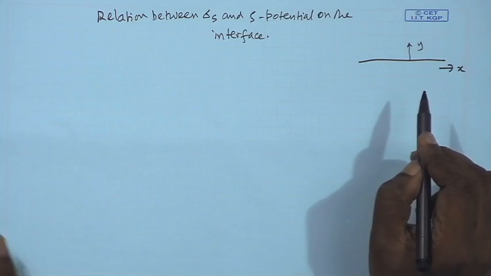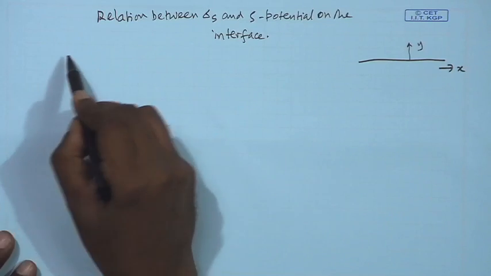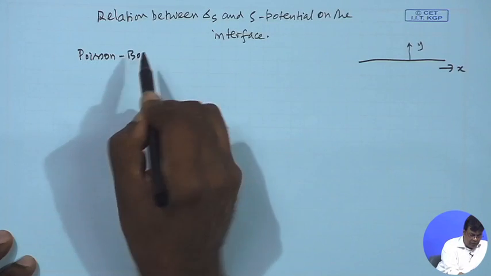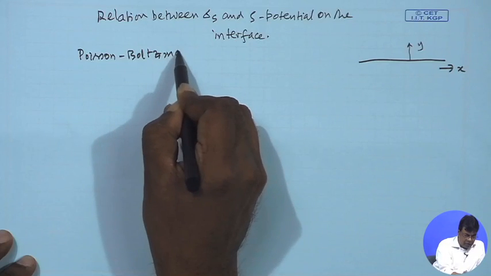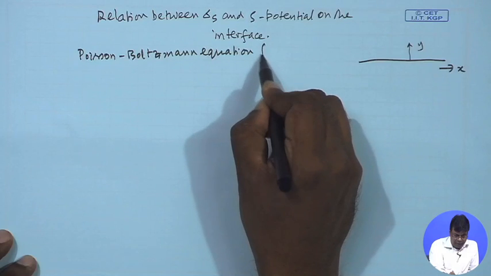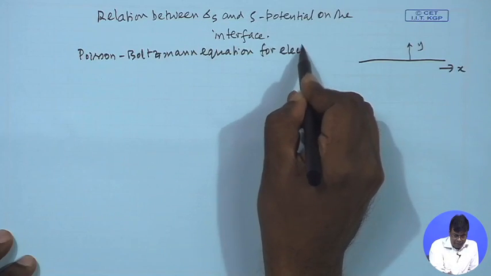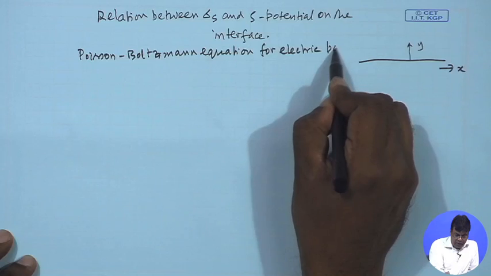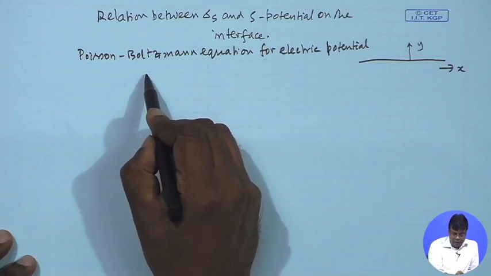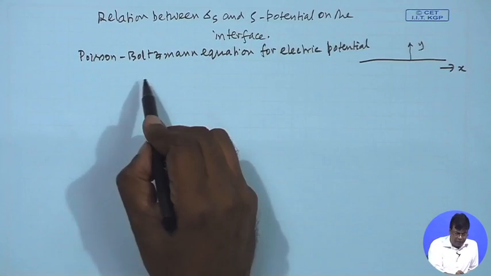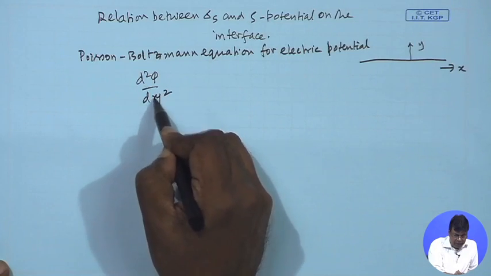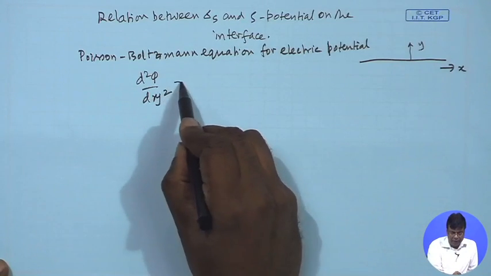With that, what we have already derived is the Poisson-Boltzmann equation for the electric potential, which is given by d2 phi by dy2, because here we have taken y as the normal direction.